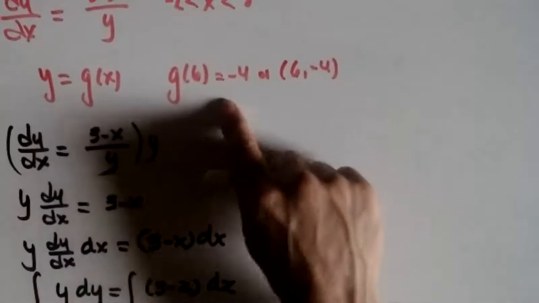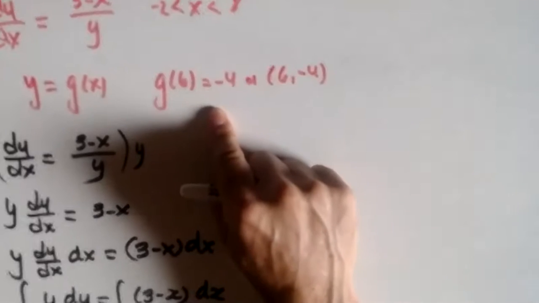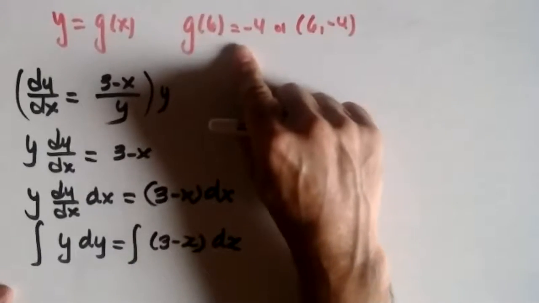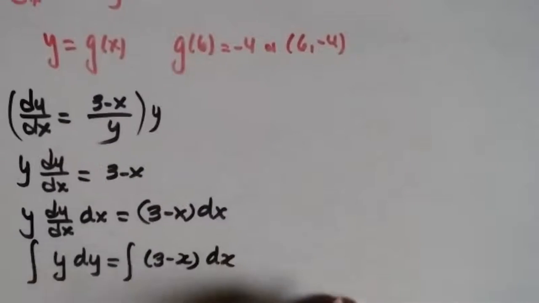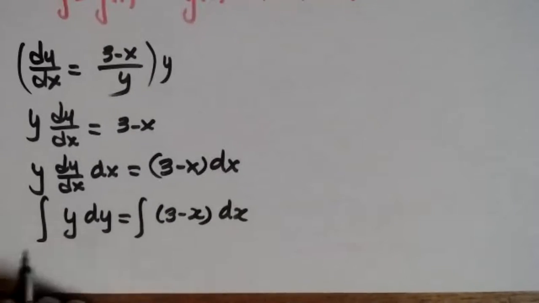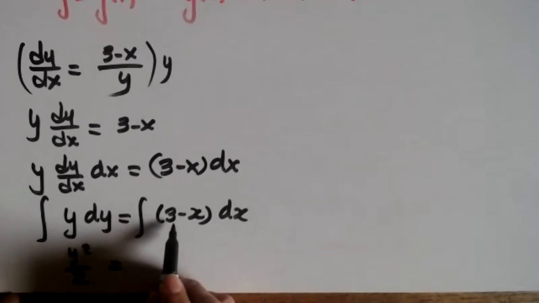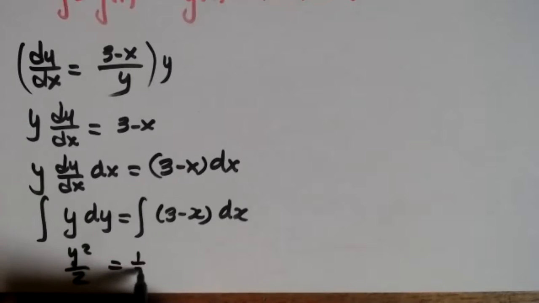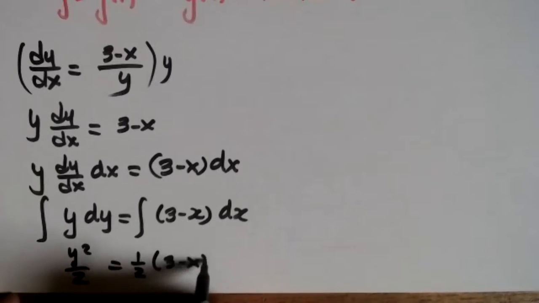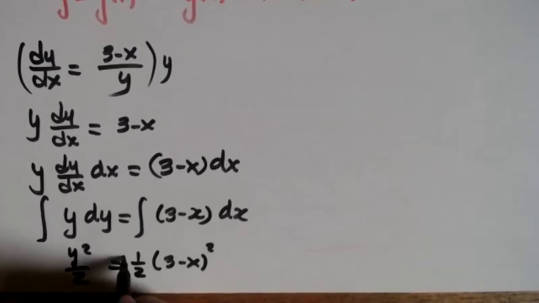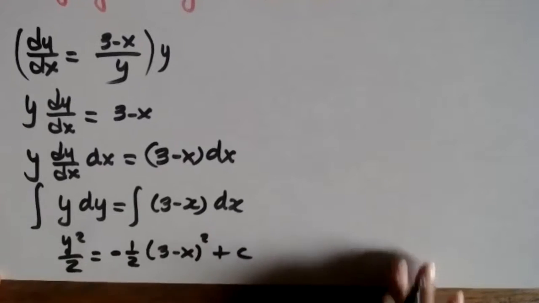And then I have here the point, in 6 is -4, correct? So this is y squared over 2 equals, this is going to be 1/2 (3 minus x) squared negative, I'm going to put here, equals -1/2 (3 minus x) squared plus the constant of integration, correct?